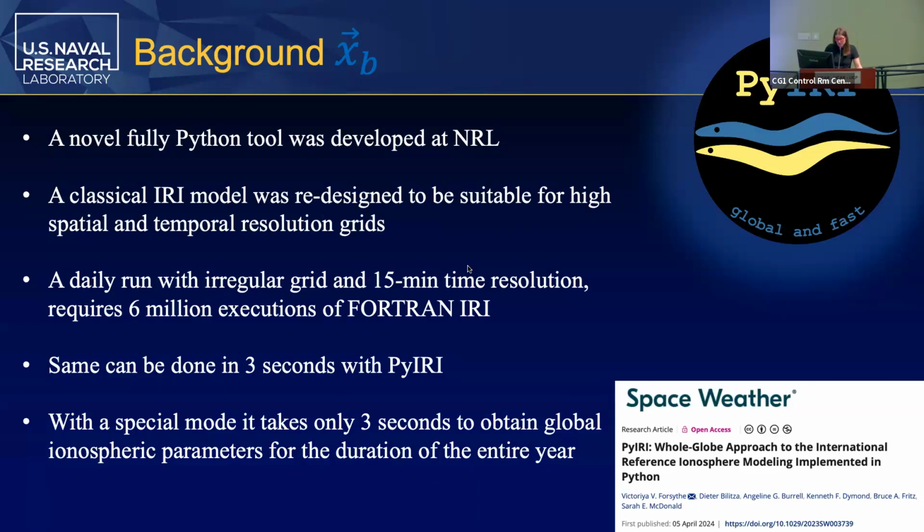For the background, we used a Pi-IRI model. It's a full rewrite of the classical International Reference Ionosphere model. And it's not just a rewrite, it's a full rethink of how this model works, because the classical IRI model was developed in the early days when it was a punch card approach to programming.